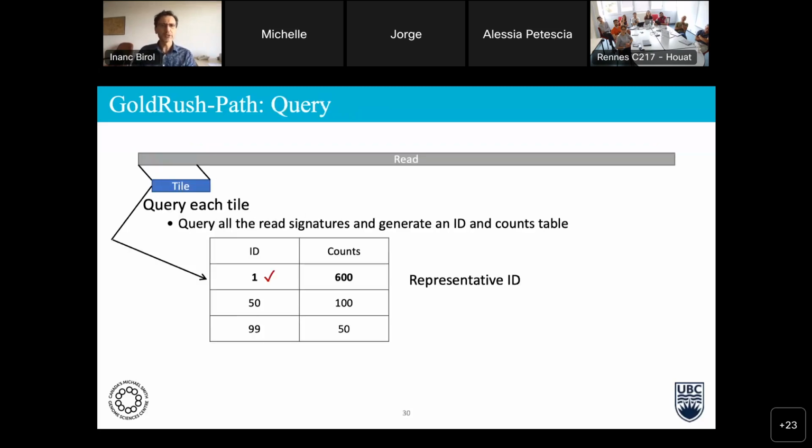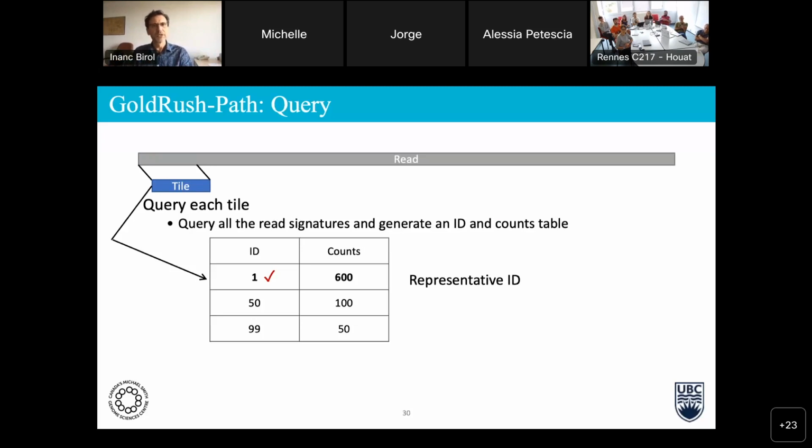And then when we are querying the golden path, we look at our reads, and we select some representative ID from the query reads in the MyBF. In a very simple strategy, we just select the highest count to be the representative ID.